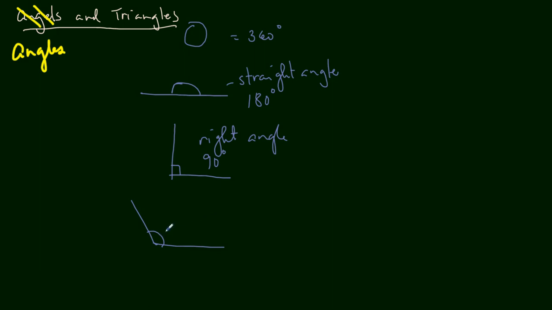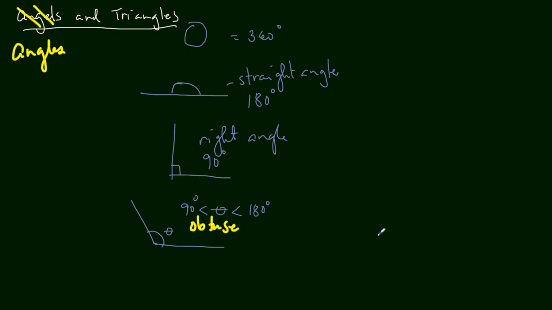If I call this theta, and my theta is more than 90 but less than 180 degrees, then I have what we call an obtuse angle.